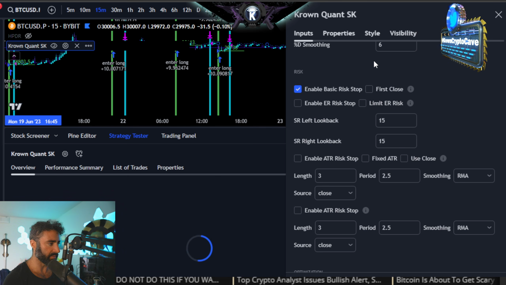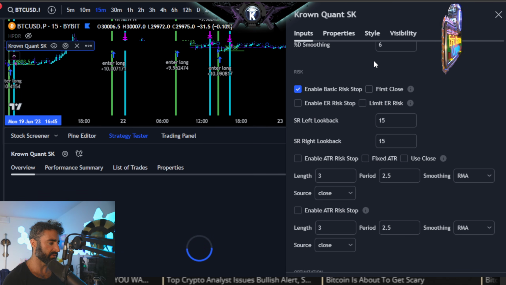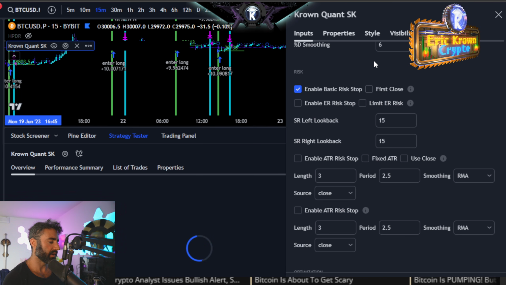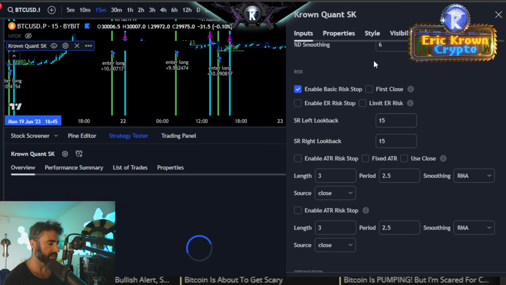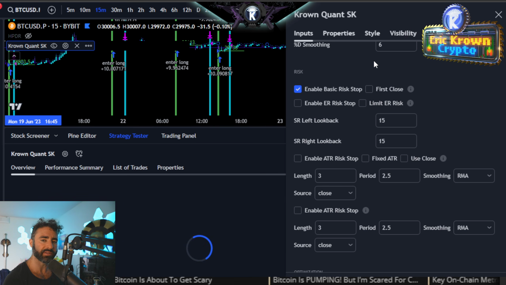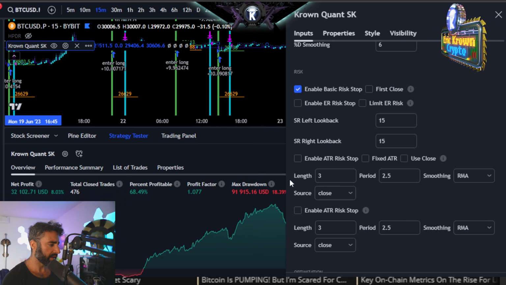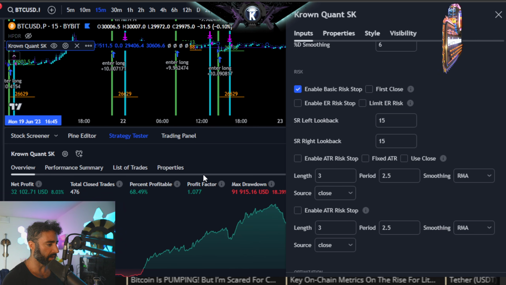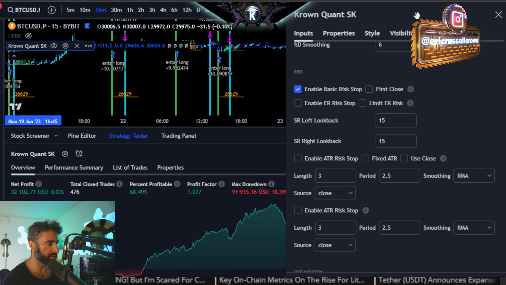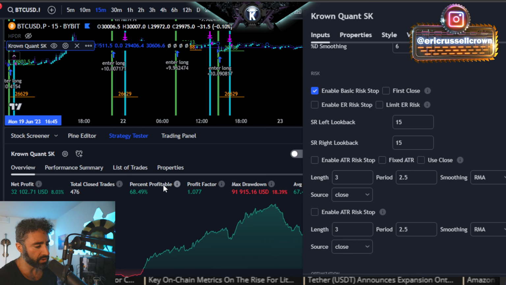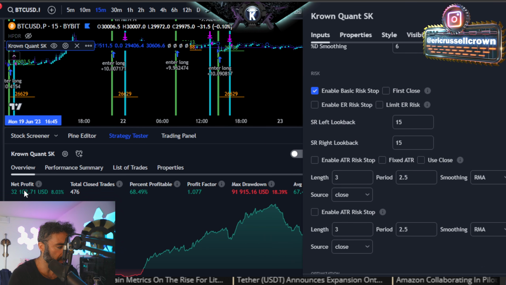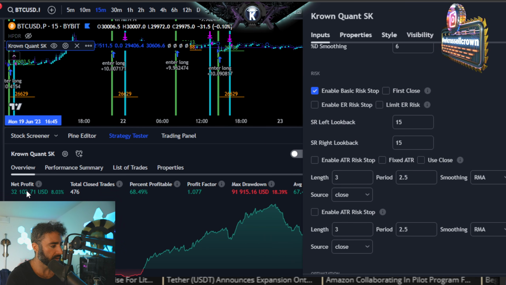Again, this is going to be the biggest issue with this script, is that it takes a long time to load. And we'll just be patient here. Patience is a virtue after all, isn't it? And it actually did increase things a little bit. Funnily enough, and this is of note here, you'll notice that the net profit went up by a non-trivial amount.